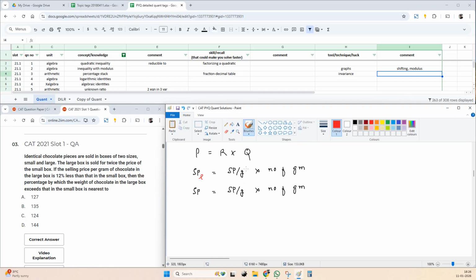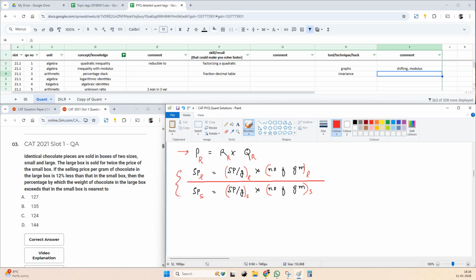SP of the large box is SP per gram of the large box into number of grams in the large box. And SP of the small box is SP per gram of the small box into number of grams in the small box. Then you can take these two equations and divide one with the other, which gives us the price ratio is equal to the rate ratio into the quantity ratio, which is what I started with.